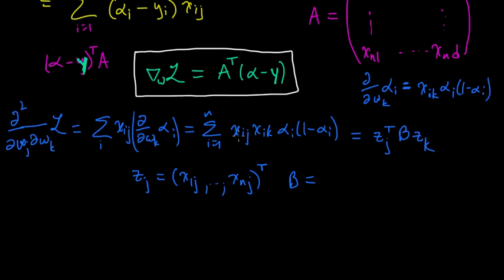When you have an expression of this form, the matrix in the middle is a diagonal matrix. So to be explicit, it's alpha 1, 1 minus alpha 1, down to alpha n, 1 minus alpha n. Sometimes we write diag of alpha I, 1 minus alpha I for this matrix.